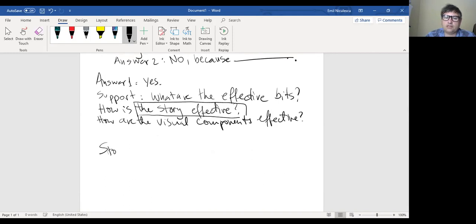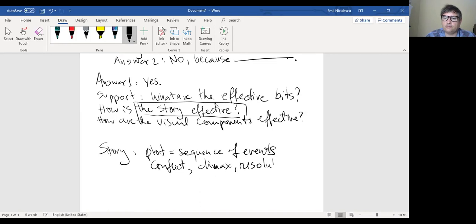And a story has a plot, which is a sequence of events. All right, this happened. There is usually a conflict, a climax, and there's a resolution. And the story has characters, and they act out the story.